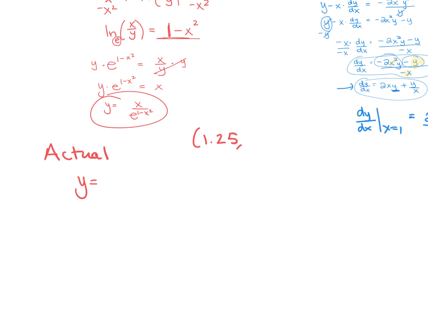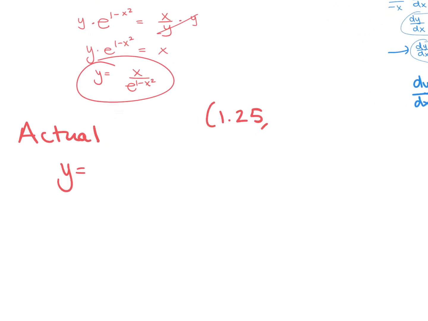So 1.25 over e to the 1 minus 1.25 squared. So I'm going to take my explicit form here, plug in 1.25 for x, square 1.25.